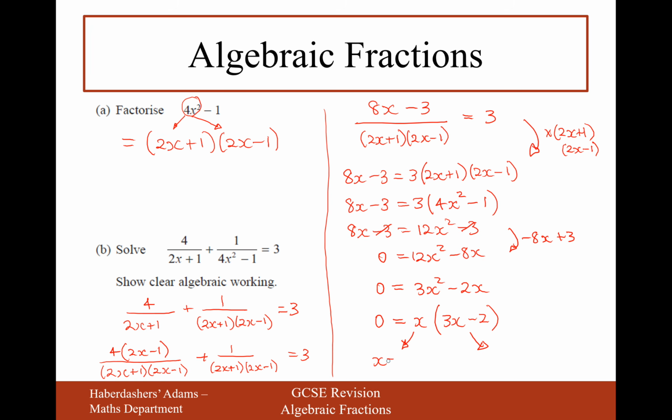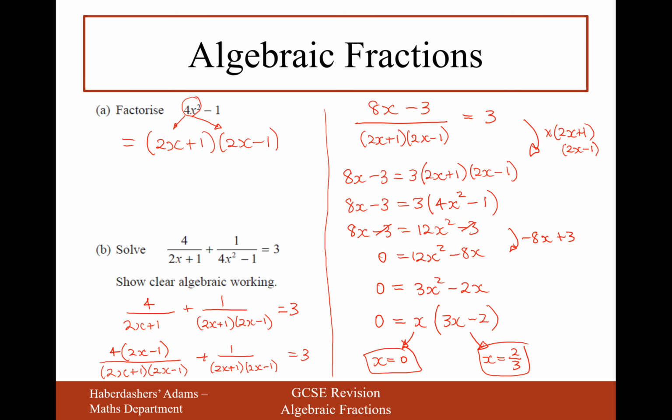So I need to choose x equals 0 as one of my values to multiply to make a 0, or x equals 2/3, and that will be the value for x that will make the right hand bracket equal 0. If it's 2/3, that will make it 0 in the bracket, which we'll need to multiply by whatever x is to make 0 as well. So these are my two answers here.